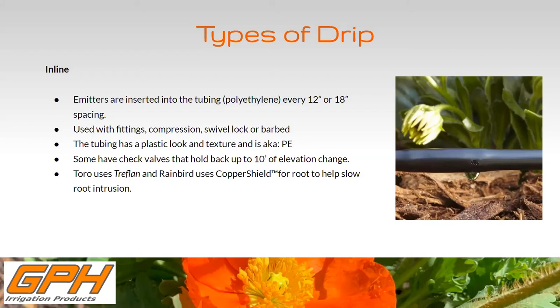Some of the actual emitters have a check, which will check up to 10 feet of elevation change. I know that Toro uses the Treflan and Rainbird uses the copper shield to help avoid the root intrusion, and they've been successful with that. So root intrusion is something to consider when you're using the tubing buried below grade, obviously, because the roots do try to search for water.